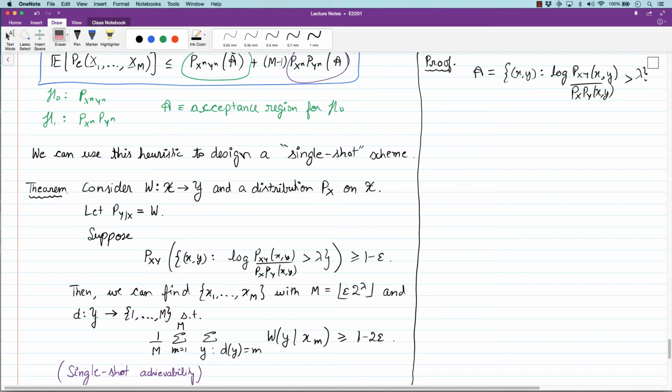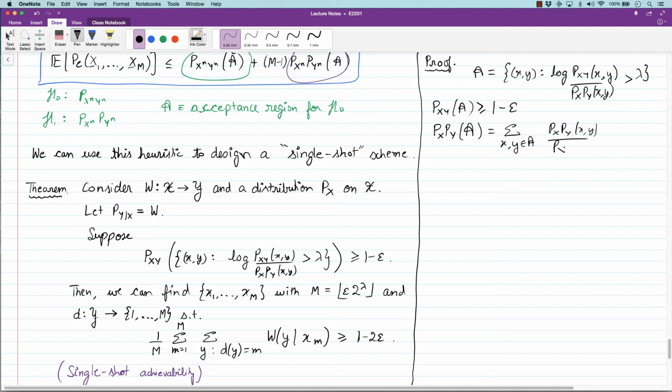Okay, so that's my set A, and what we know is that pxy of A is greater than or equal to 1 minus epsilon. In fact, as we had seen earlier in analyzing hypothesis testing problems, pxy of A is equal to summation over xy in A of pxy.